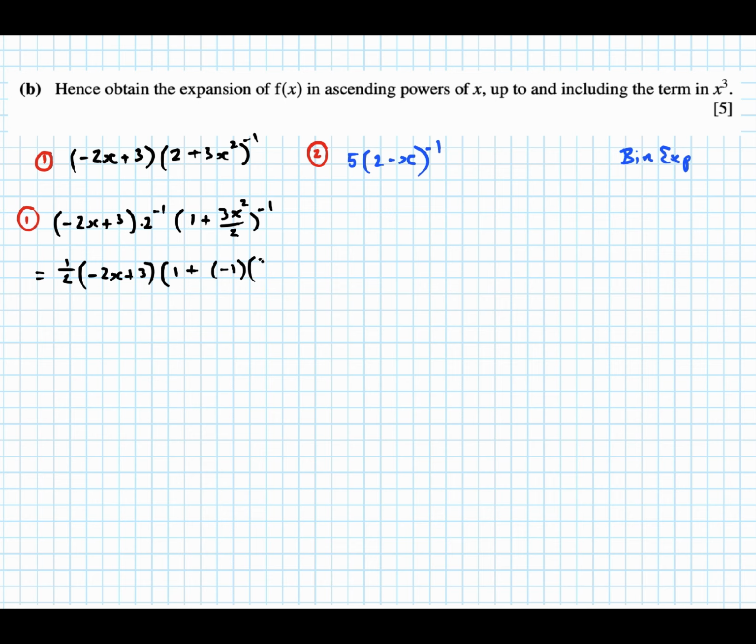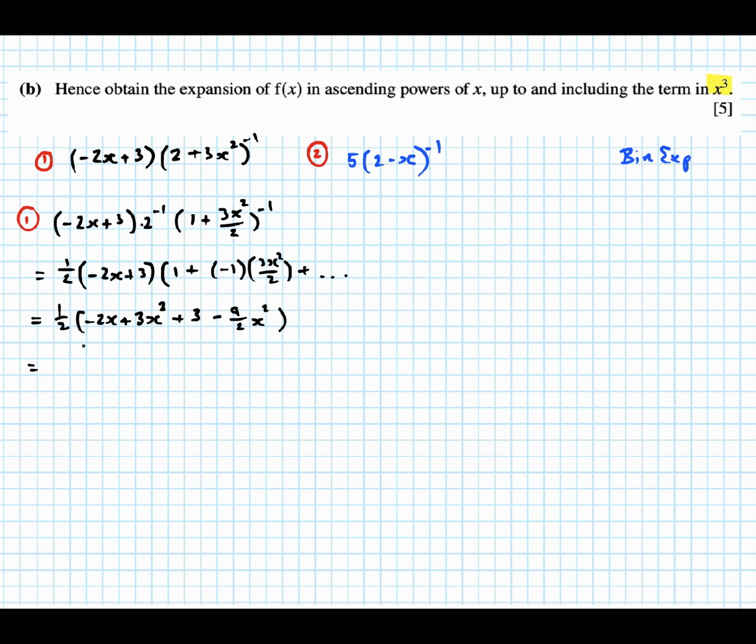From there we can expand it out. So minus 1 times 3x squared over 2 plus, I need to just get up to an x cubed. So third. Nearly. So multiply it out. Minus 2x times 1 minus 2x times that bundle of terms there, and again 3 times the third term there as well.